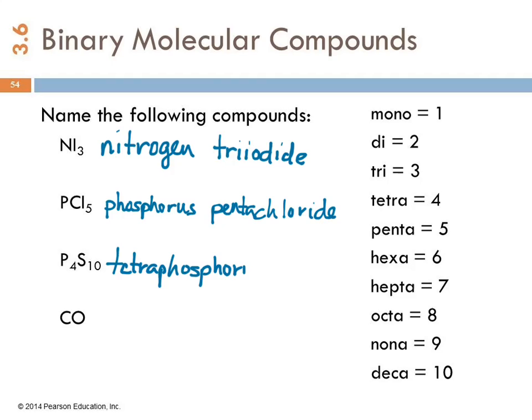Tetraphosphorus, decaoxide. These A's are more likely to be dropped, so you may see decoxide. If this was a written out exam question, I would accept either decaoxide or decoxide.